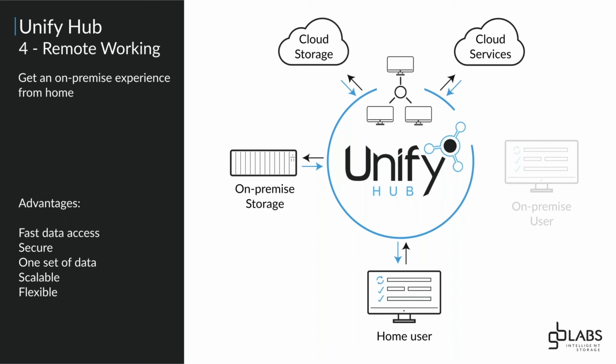The Unify Hub will also work with cloud storage endpoints. So not only is your on-premise storage shared and synchronized with your remote workers, also the cloud storage endpoints can be offered out in that same way.